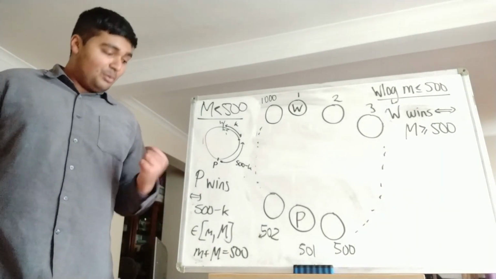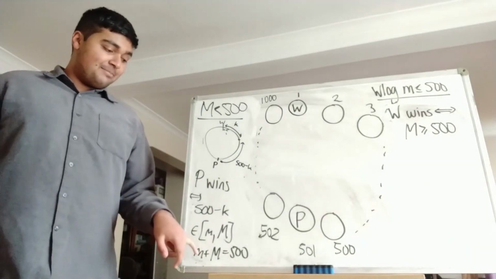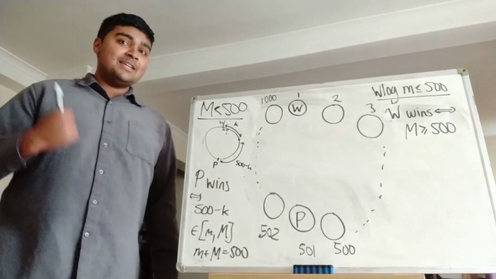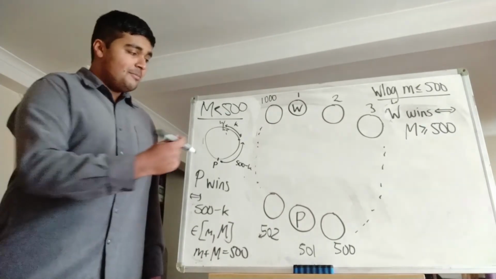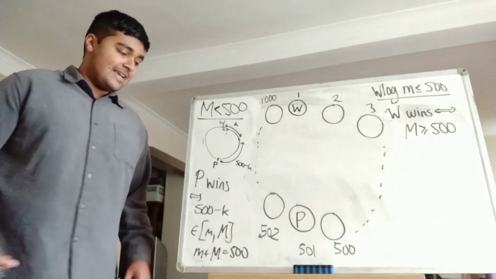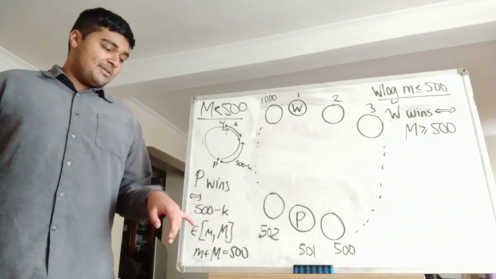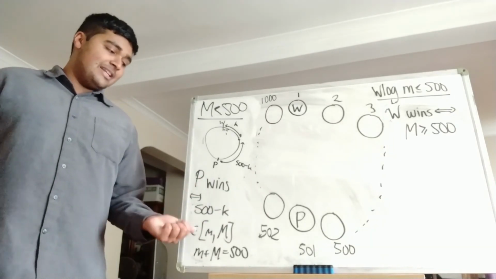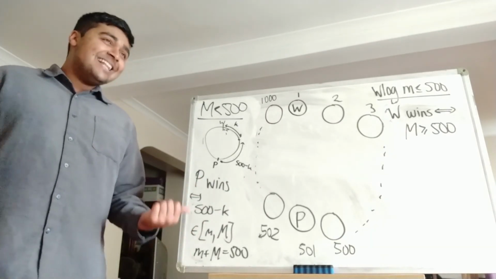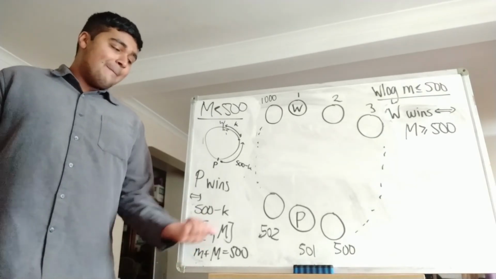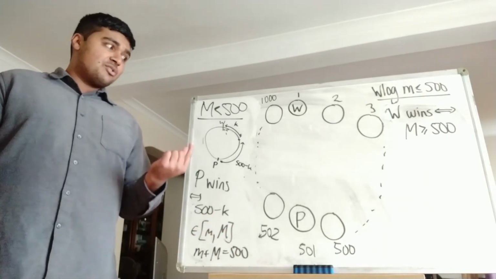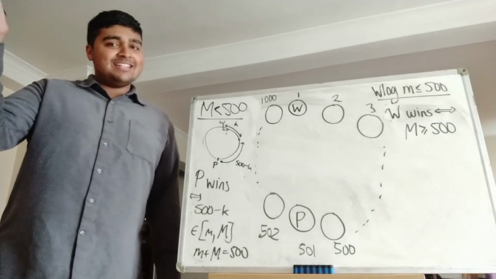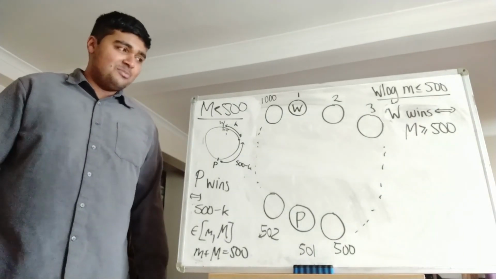Firstly, if little m plus big M equals 500, then Paul can win, because Paul can just do 500 minus k: if k is between little m and big M, then 500 minus k will certainly be between little m and big M, because little m plus big M equals 500. But if this wasn't true, then Wenjie could choose a k so that Paul can't win in their first move, and hence none of them will win by our first observation.